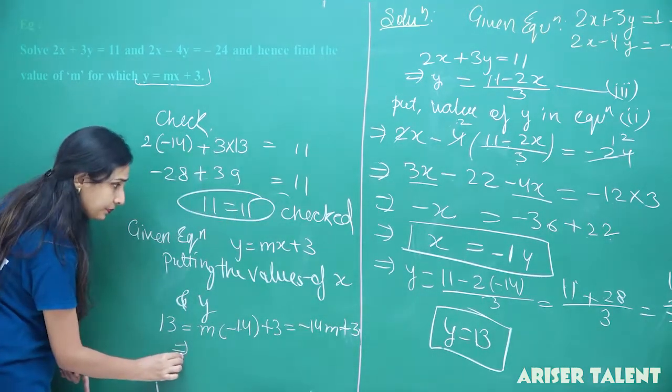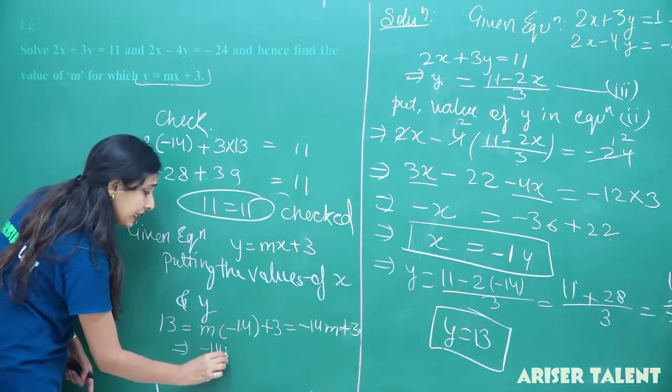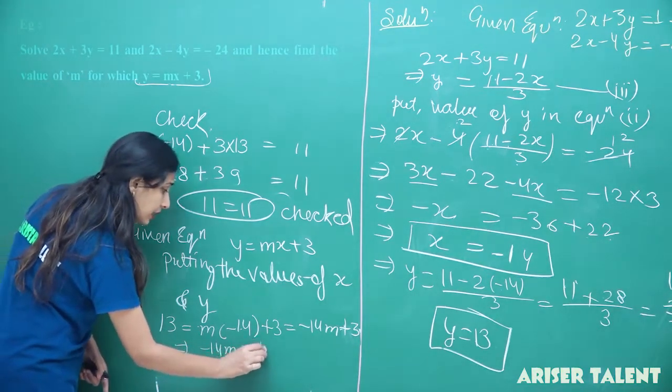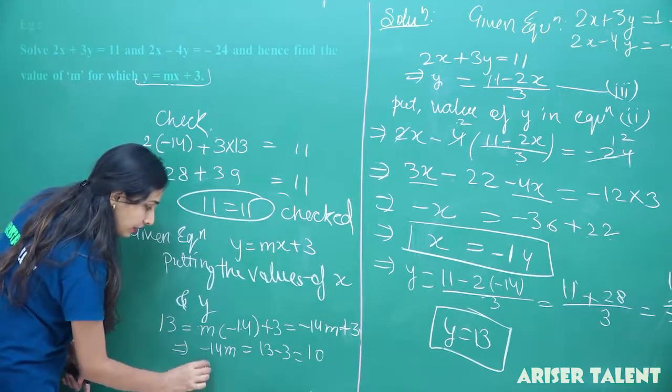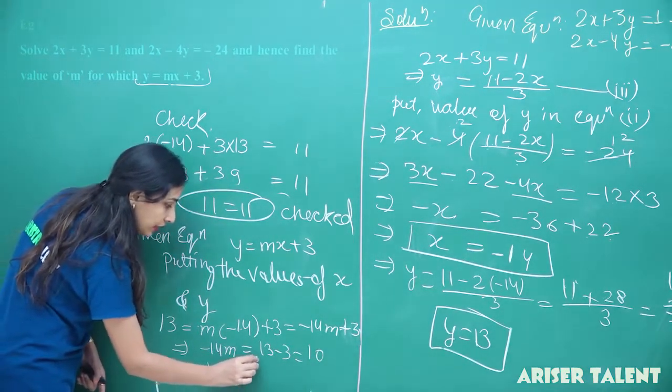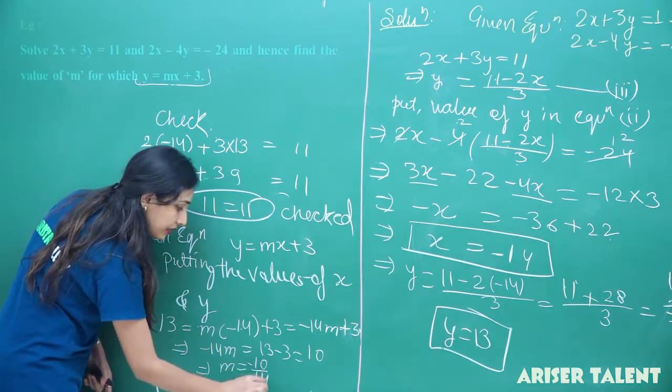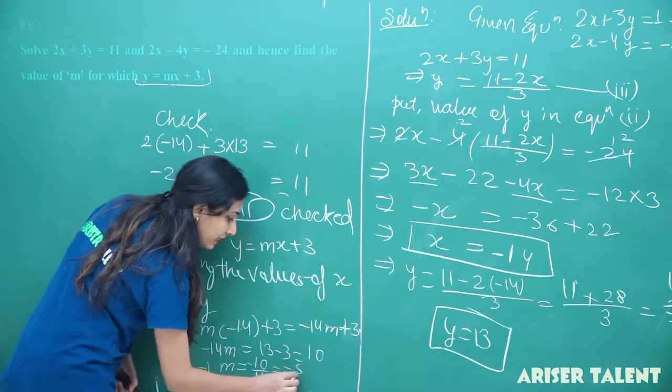This implies that minus 14m equals to 13 minus 3, which is equals to 10. So m will be equals to minus of 10 by 14, which is minus 5 by 7.